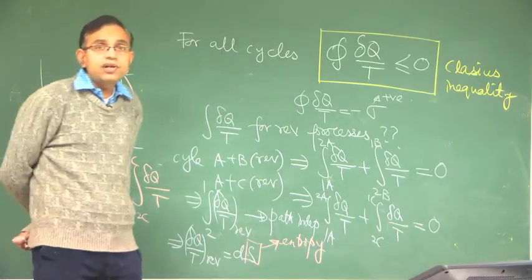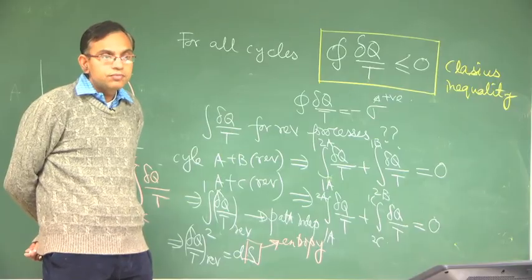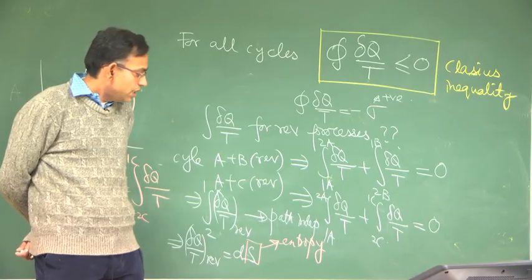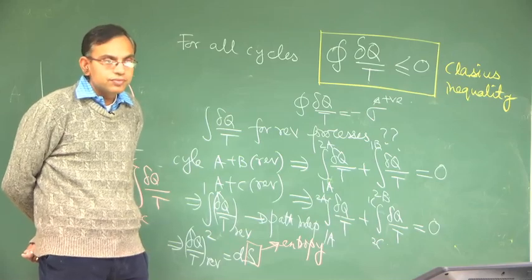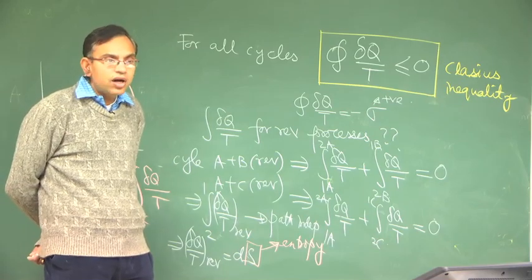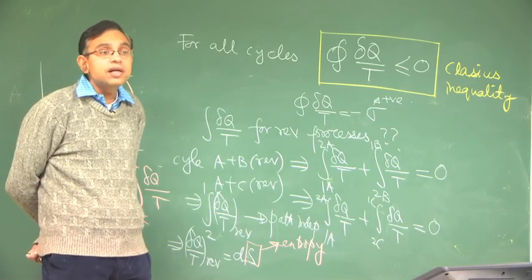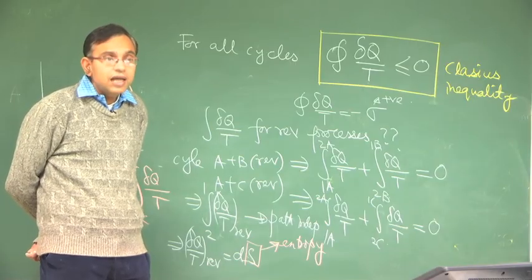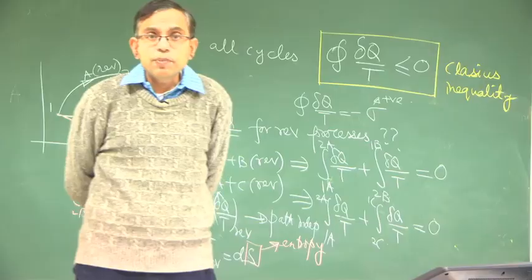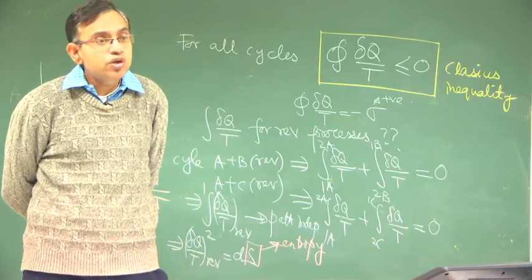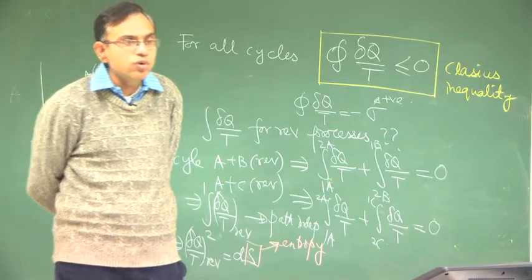Remember, this is not the definition of entropy, because this just talks about the change in entropy. It does not talk about what entropy itself is physically, and it does not talk about what entropy is in a quantitative absolute sense. What is the value of entropy?